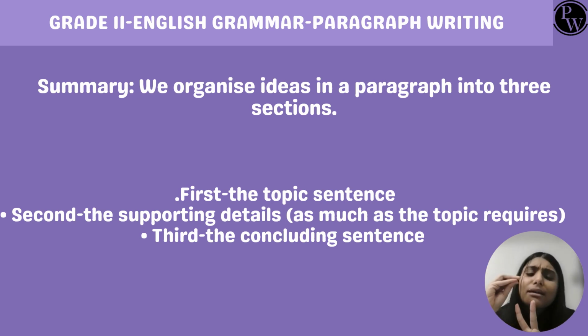There can be many supporting details, and it depends on the topic as well. As much as the topic requires, you can add that many supporting details. Then the third and the very important one is the concluding sentence. You need to conclude your paragraph, so you require a concluding sentence to do that. And the concluding sentence is slightly different from the topic sentence. All right.